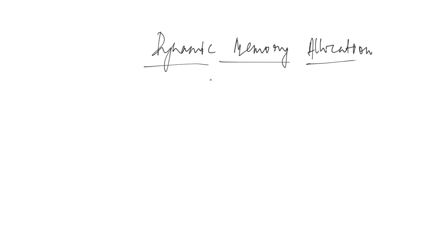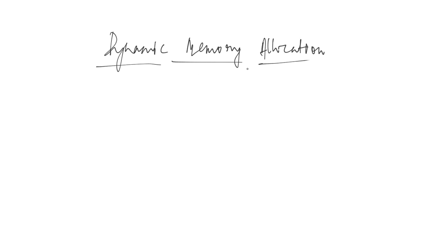Why dynamic memory allocation? Because the memory is going to be allocated at runtime, and at runtime itself we can change the size of the memory. And we are going to work on this dynamic memory allocation using malloc function.